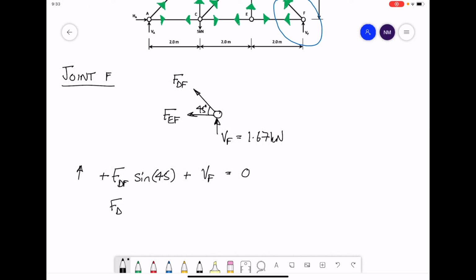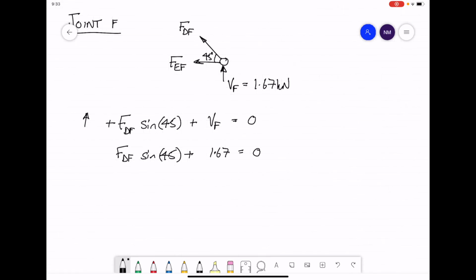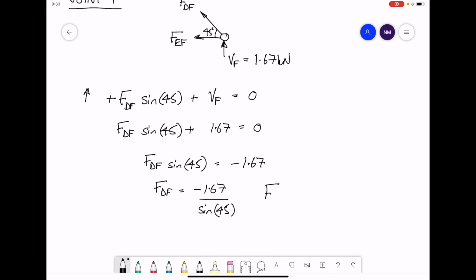Substituting in our value for VF that we have previously worked out, 1.67 kilonewtons, then rearranging the equation, making it negative on the other side of the equal sign, then force DF dividing through by sine 45 degrees gives us force DF to be minus 2.36 kilonewtons.